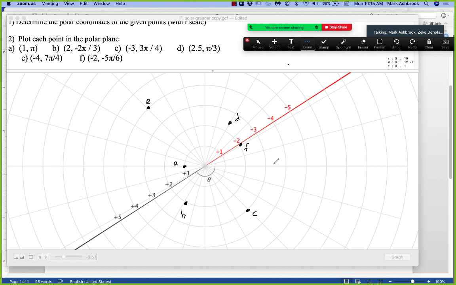Okay, I have a question. I was plotting these by just measuring out the radius distance first and then doing the angle. Is there a particular reason why you're teaching us to do it the other way? Because when you do functions, r is a function of theta. So we're going to be plotting functions, and r is a function of theta.